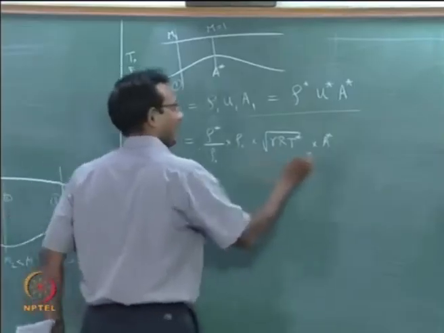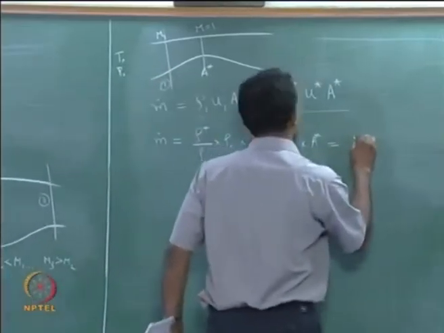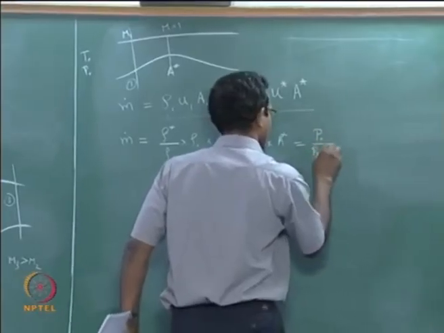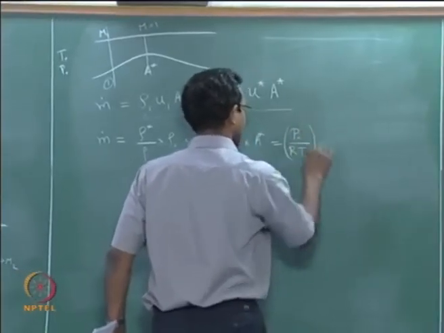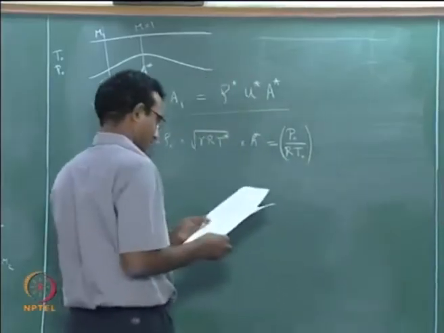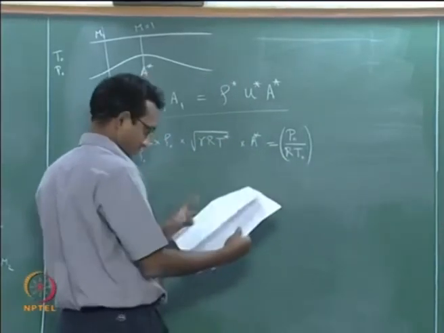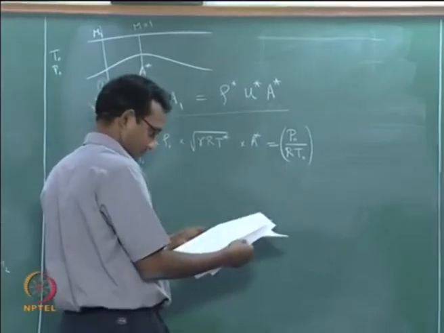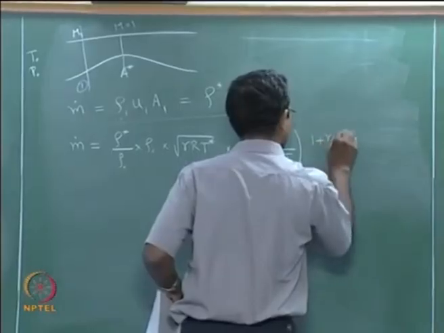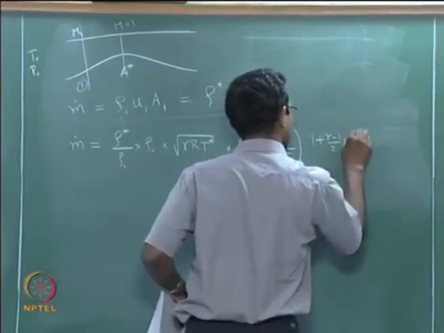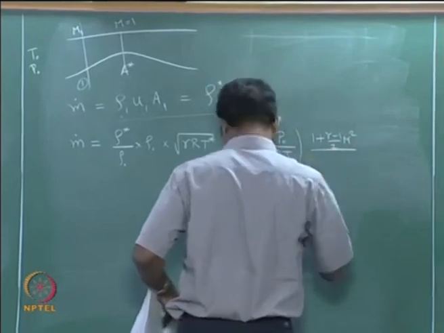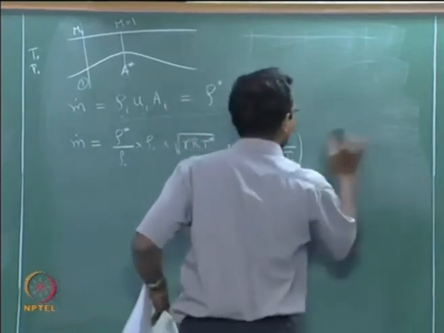One more line I will write, rho naught is P naught by R T naught into rho star by rho naught. We already had an expression, I just erased it. That is going to be 1 plus gamma minus 1 by 2.